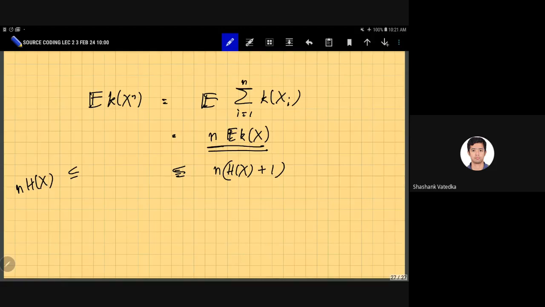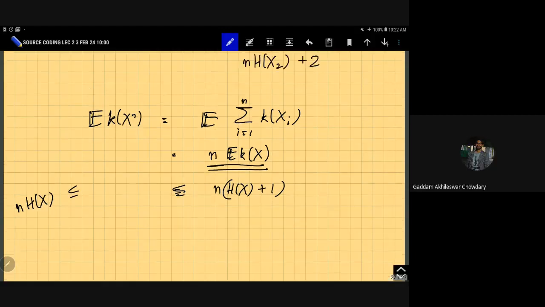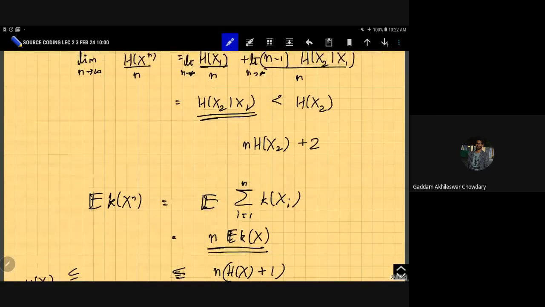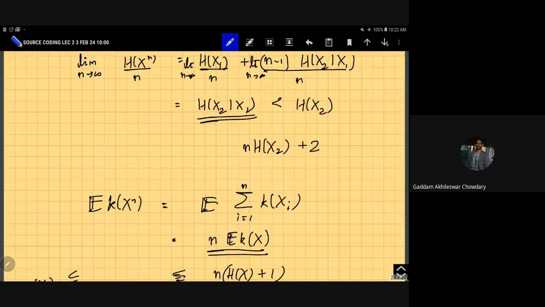All the compression algorithms that we've seen so far are optimal only for IID sources. So it is not possible to achieve n H of X or n H of X plus 1 with sources with memory.